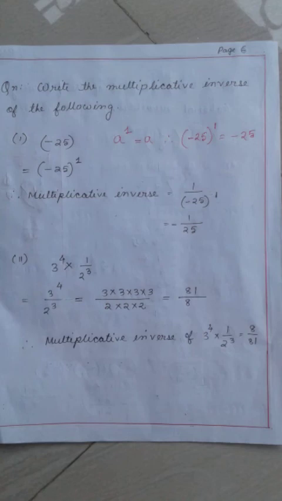In your previous class, in the chapter powers and exponents, you have seen that a to the power 1 is equal to a. So, here in this example, we are going to use that property of powers and exponents. Write the multiplicative inverse of the following: minus 25. Minus 25 can be written as minus 25 to the power 1.